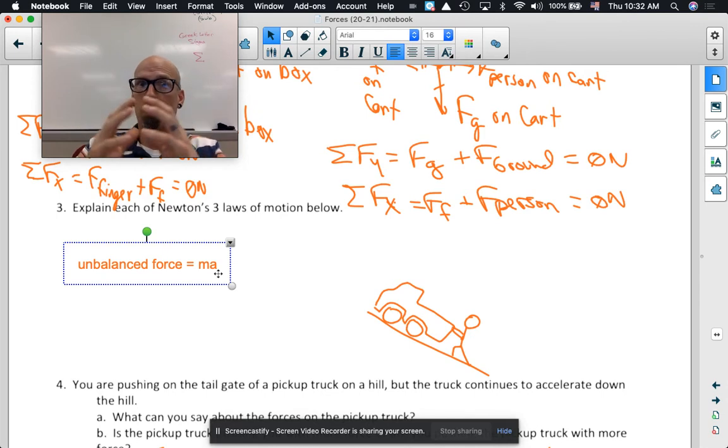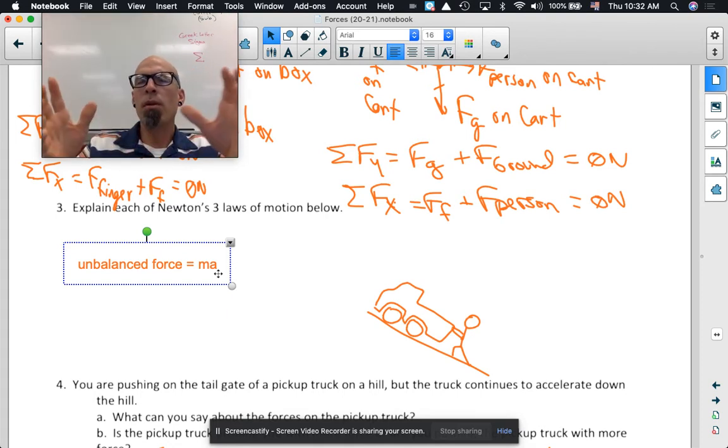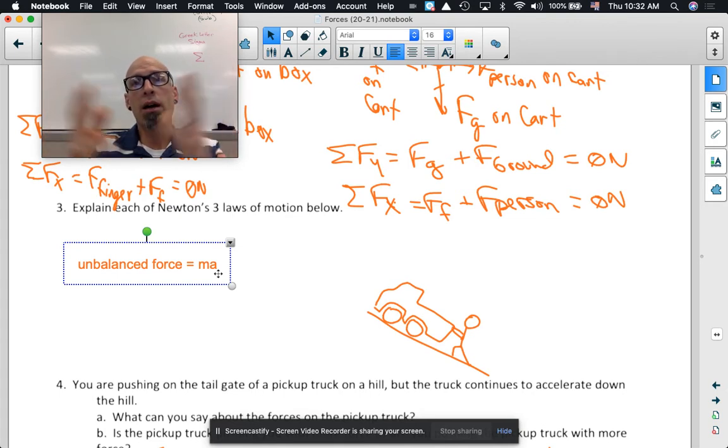Now, the problem with the third law is that you start getting confused about when there's movement involved. I think most of us, if you think about hitting a wall with a hammer, and the hammer hits the wall and the wall hits the hammer, are probably okay with, well, yeah, okay. The hammer does to the wall what the wall does back to the hammer, equal amounts, opposite direction.